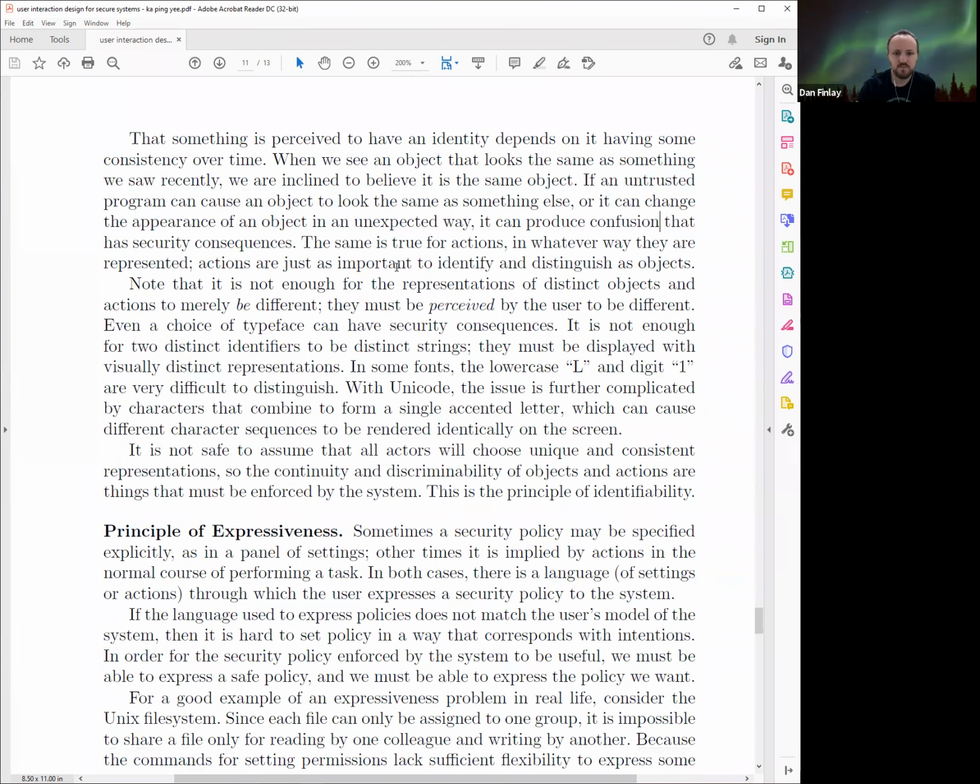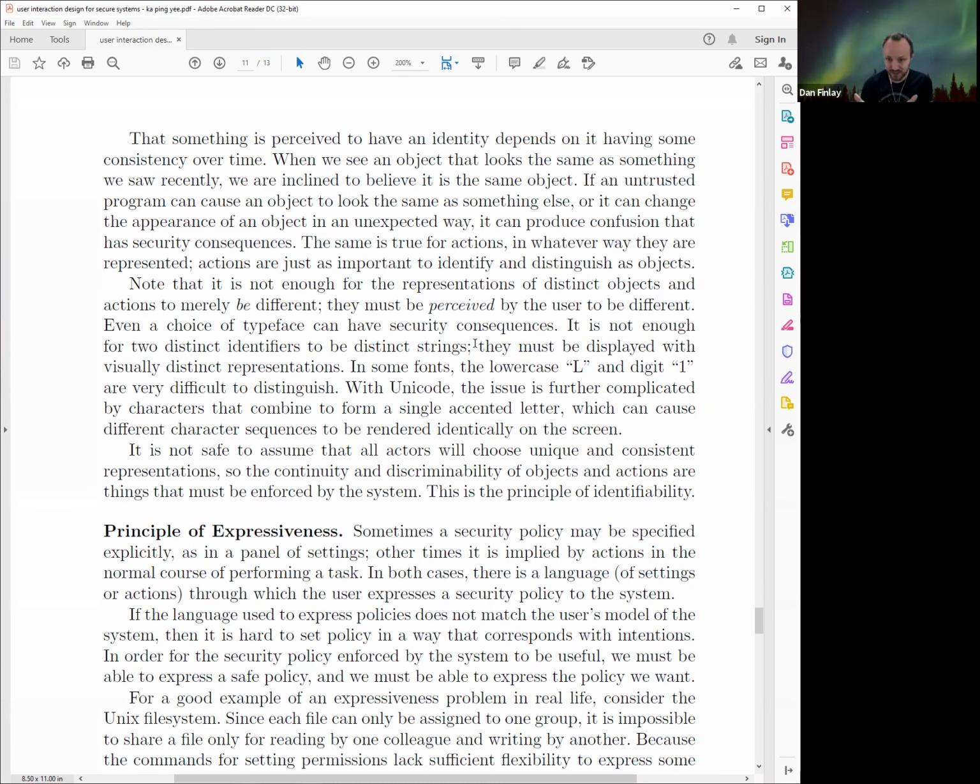All right. Note that it is not enough for representations of distinct objects and actions to merely be different. They must be perceived by the user to be different. Even a choice of typeface can have security consequences. It's not enough for two distinct identifiers to be different strings. Oh, look, he's going to make the point that I made. They must be displayed with visually distinct representations.